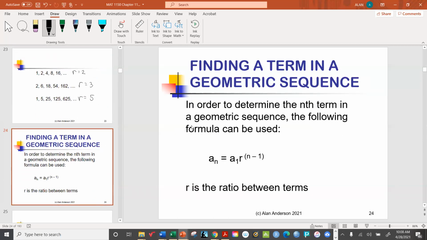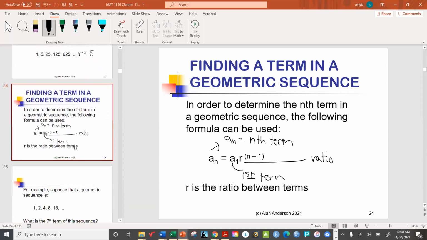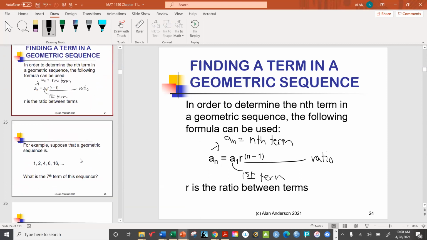So we have, as before, this is the an term, the nth term. This is the first term. And of course, this is the common ratio. Okay, so this one, it's not that complicated, but we just have to remember to only apply it to our geometric sequences.